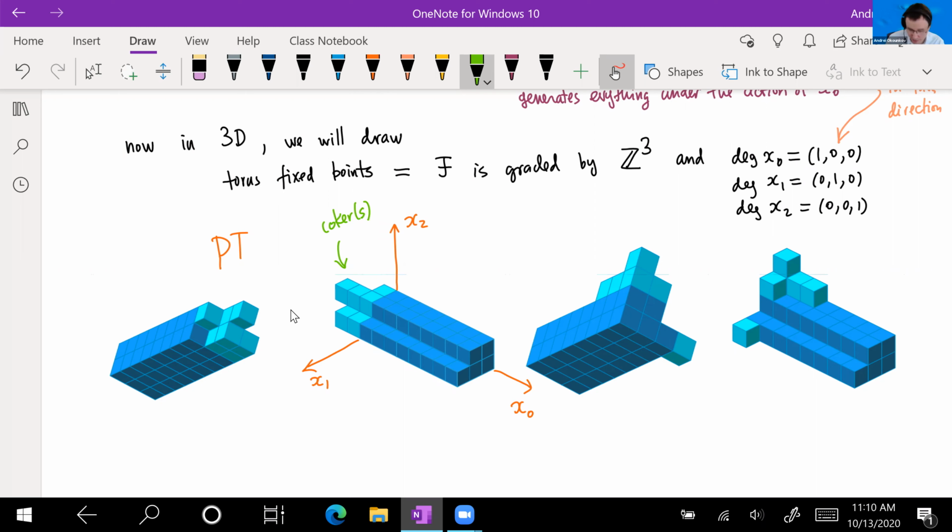So this has to be multiplication. So you have to have maps.